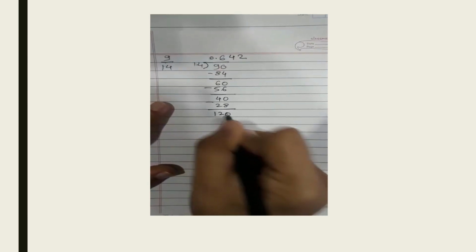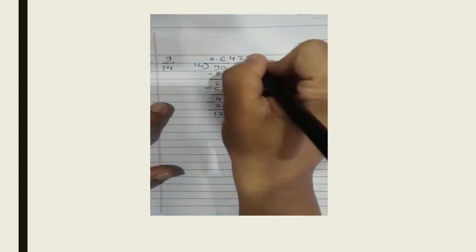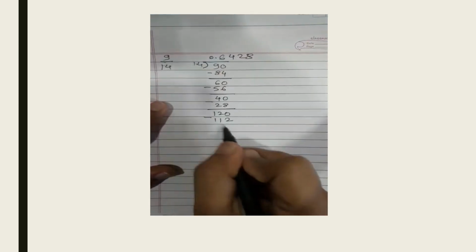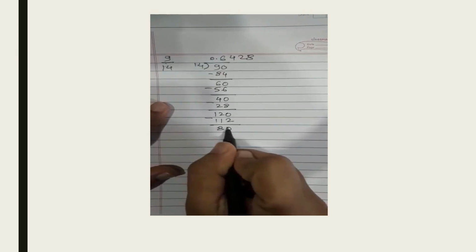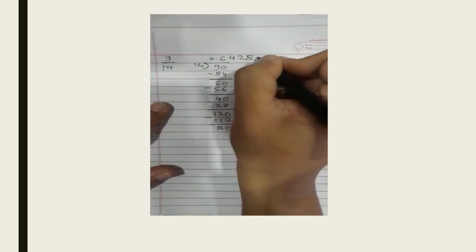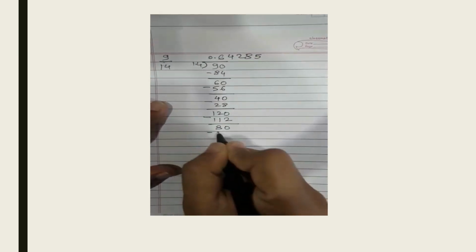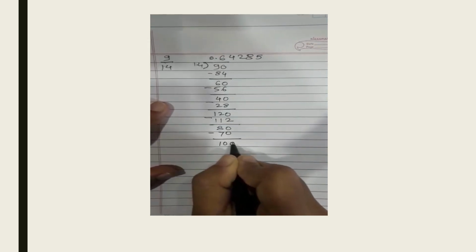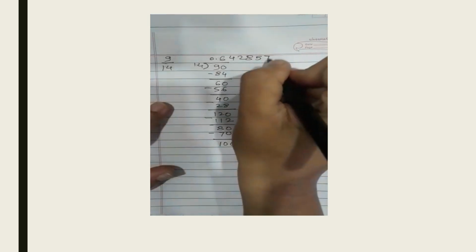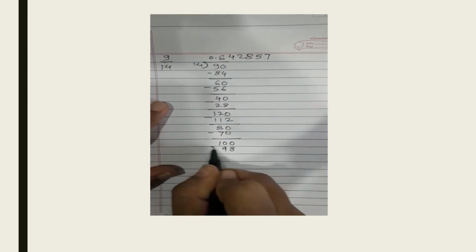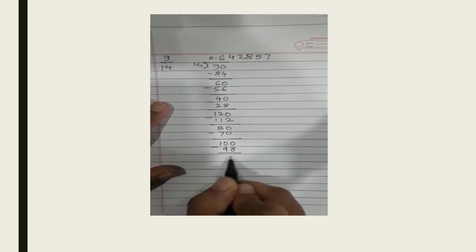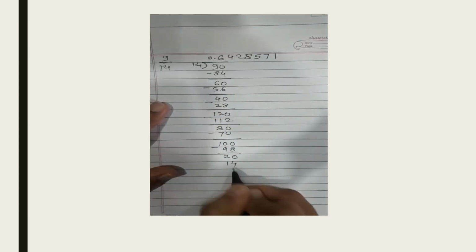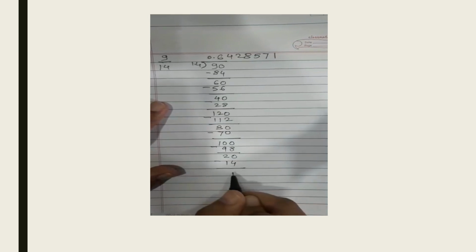Remainder 12. 14 eights are 112. Remainder 8. 14 fives are 70. Remainder 10. Add a 0 here. 14 sevens are 98. Remainder 2. 14 ones are 14. 20 minus 14.